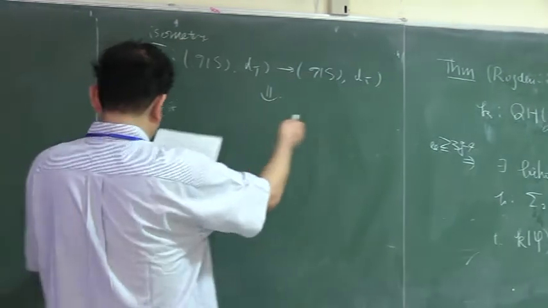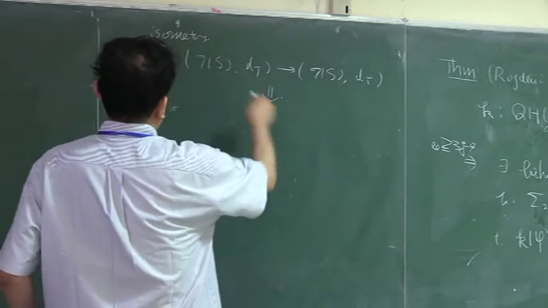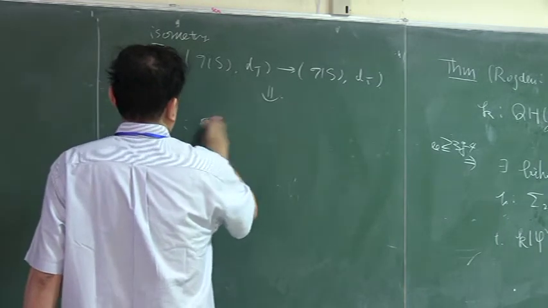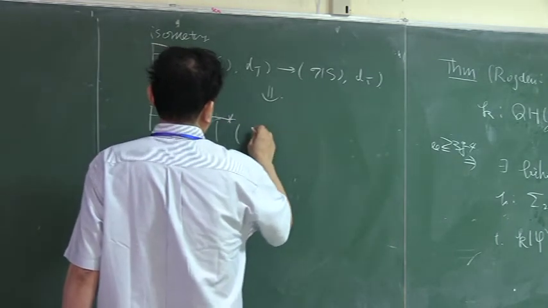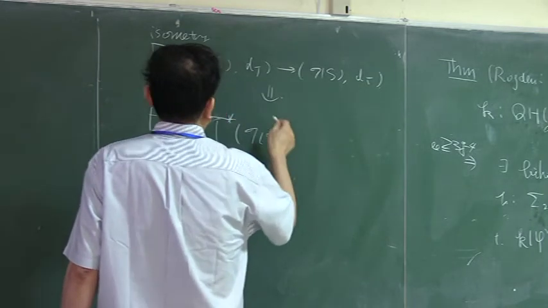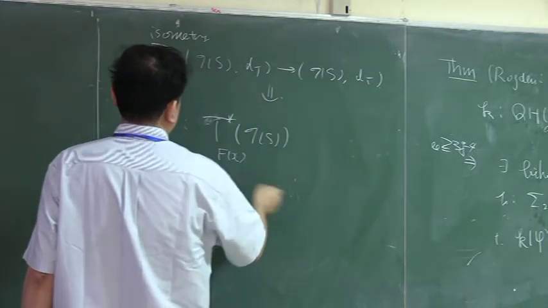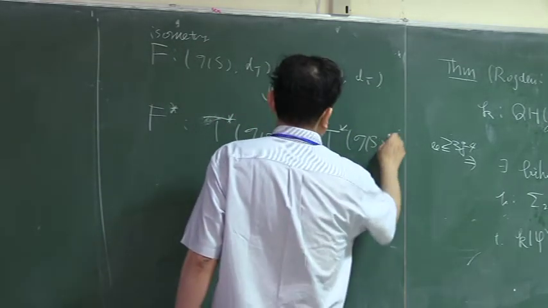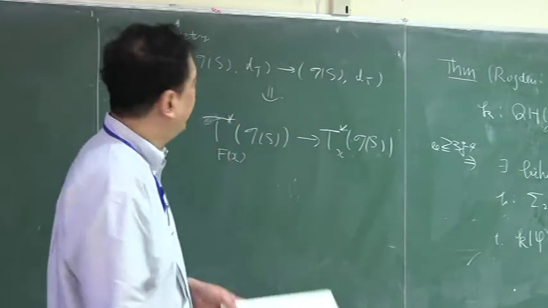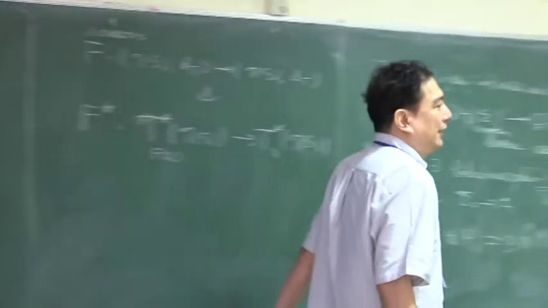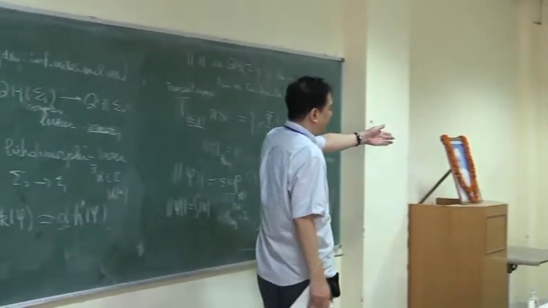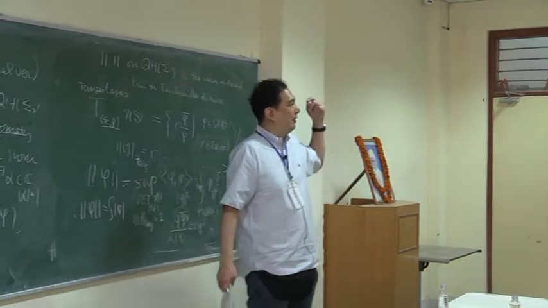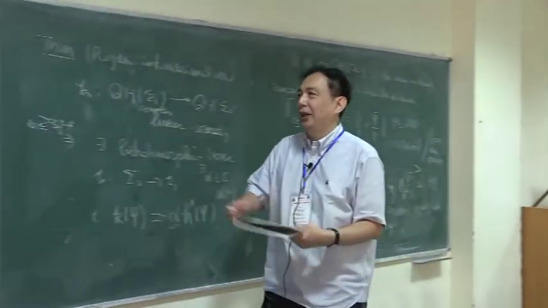So maybe the direction should be reversed, but this induces the map from the cotangent space at f(x) to the cotangent space at x. So you have an isometry, and so the cotangent vector can be pulled back by the isometry, and then you get the cotangent vector at the original point.